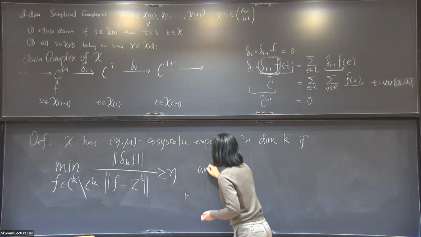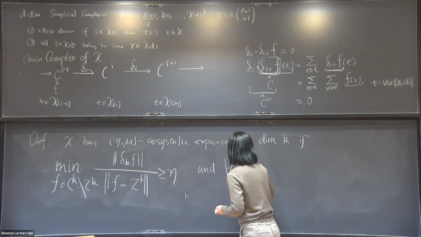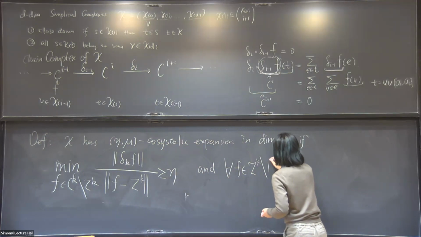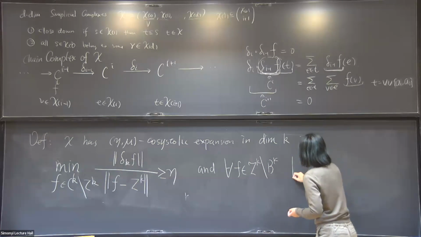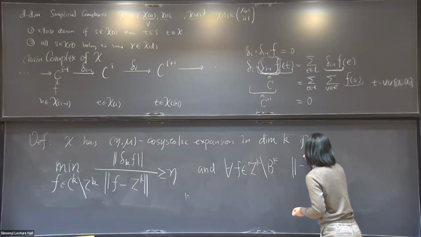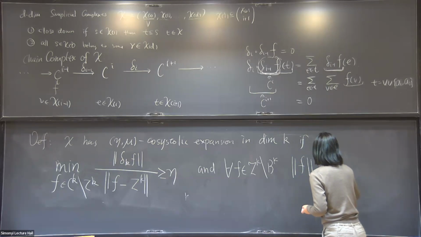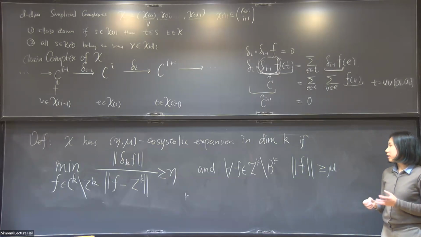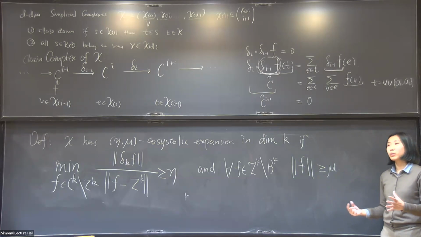And for all functions that are inside zk but not a coboundary, we require that f has Hamming weight at least some constant. Translating to the zero-dimensional case, this is saying you can have disconnected components, but all of them need to be large.